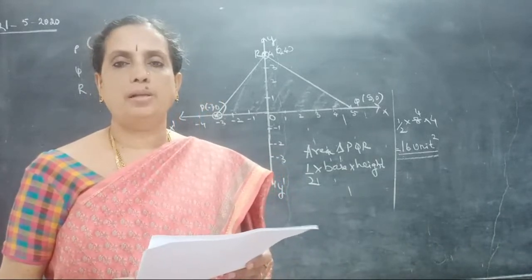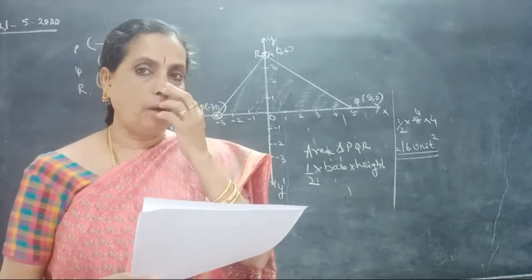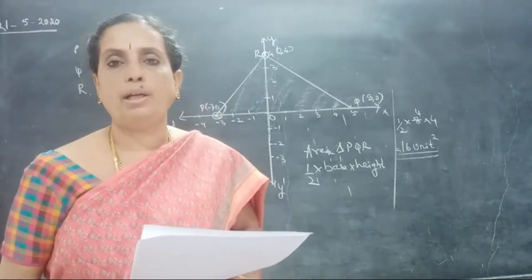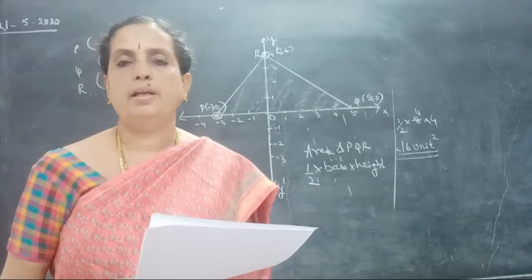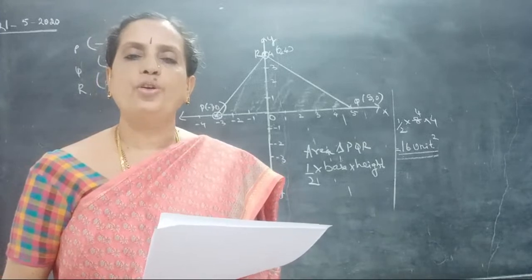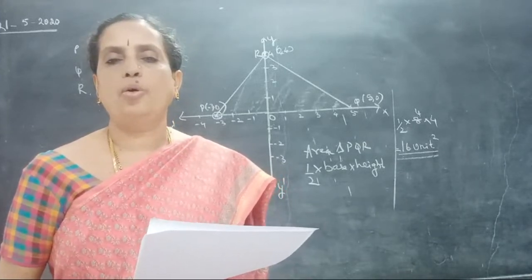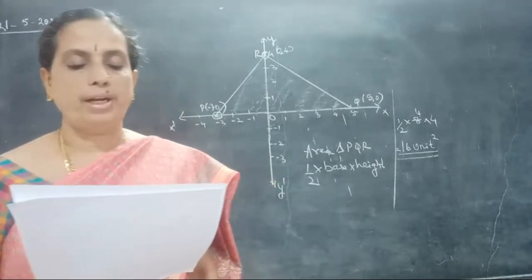Where the two axes intersect, what do we call that point? It is the origin. Don't say 0. It is the origin, the point of intersection.